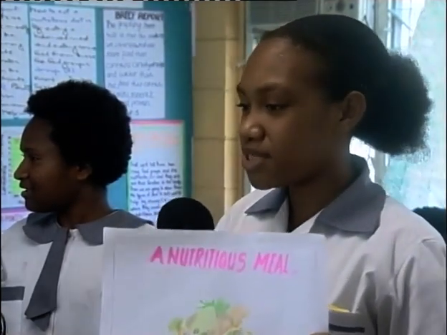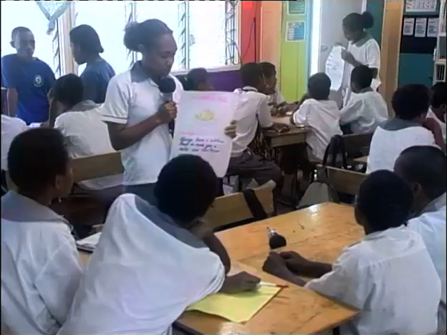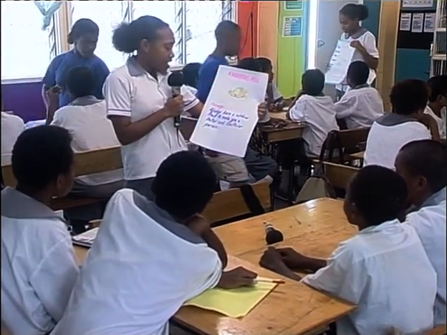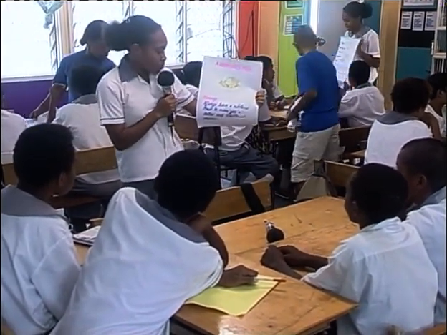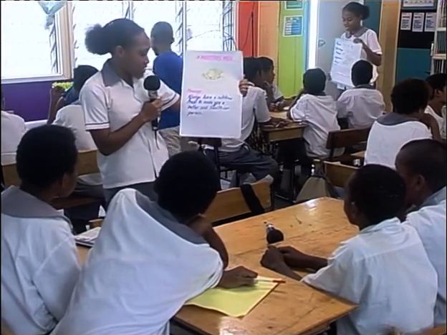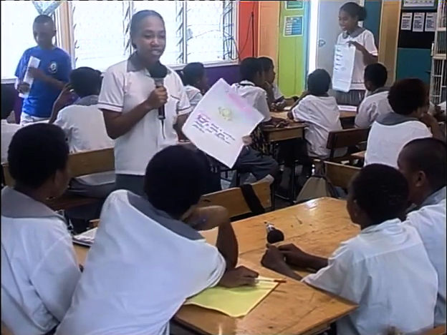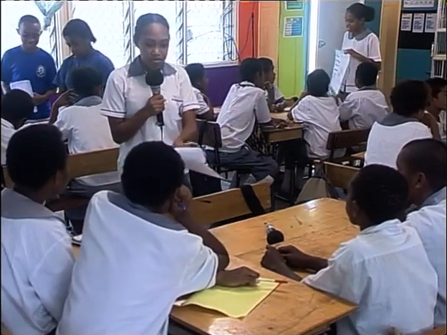Okay, this is a nutritious meal. You have to have a nutritious meal 3 times a day. Daily, you have to have a nutritious meal 3 times a day. Always have a nutritious meal to make you a better and healthier person. Better, like understanding better.